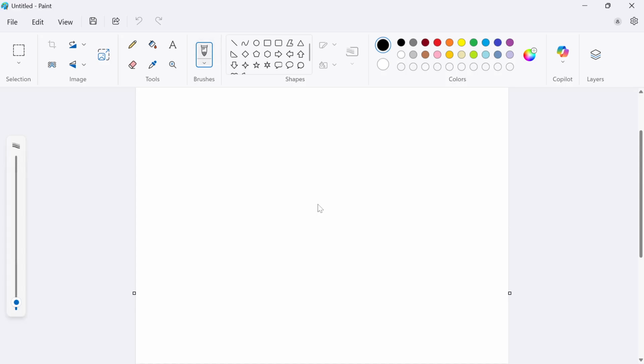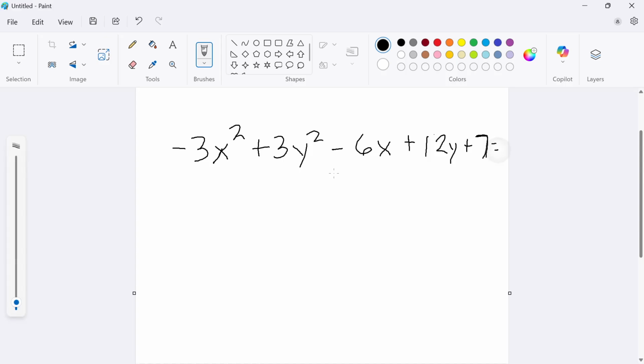So I'm going to do negative 3x squared plus 3y squared minus 6x plus 12y plus 7 equals 0.